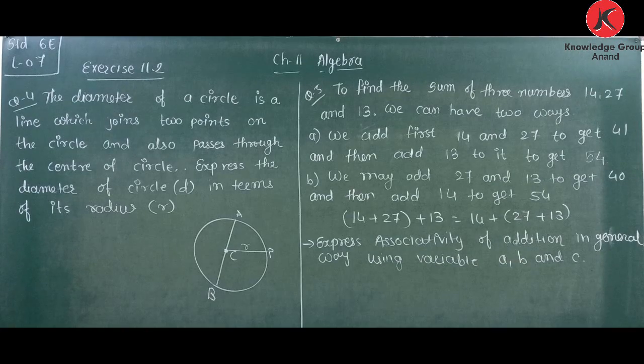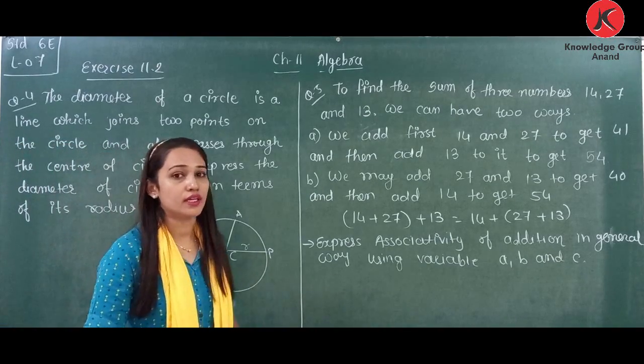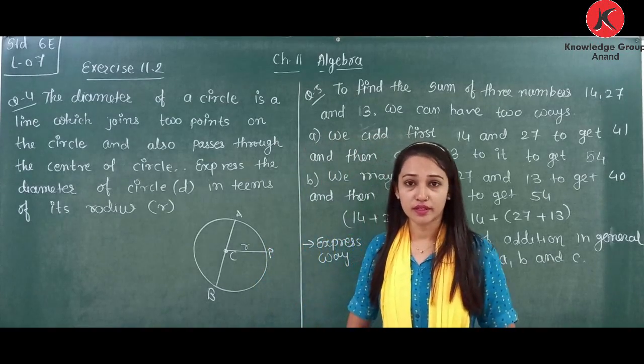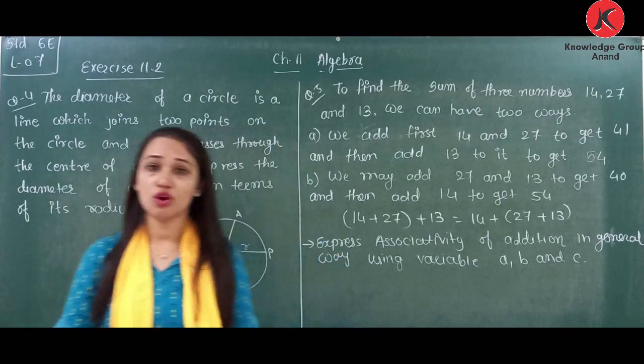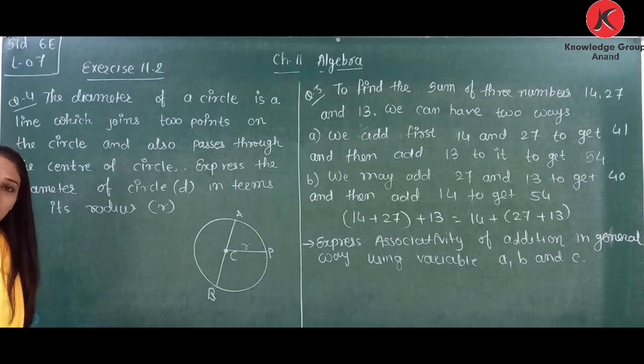The diameter of a circle is a line which joins 2 points on the circle and also passes through the center of the circle. Express the diameter of the circle D in terms of its radius. Now in chapter number 4, basic geometrical ideas, you already learned what a diameter is and what a radius is. Diameter is like a chord. A chord is a line segment that joins 2 points of the circle.